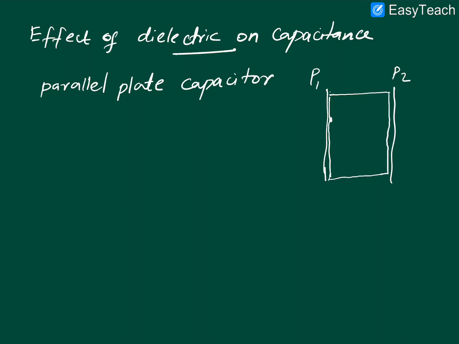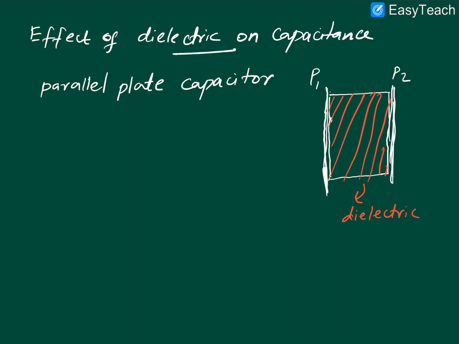A dielectric material we are considering, some dielectric. We are not specifying the material. Some dielectric is placed in between. This is the dielectric. We are having two plates, one is P1 and another is P2, and in between P1 and P2 we are placing a dielectric.